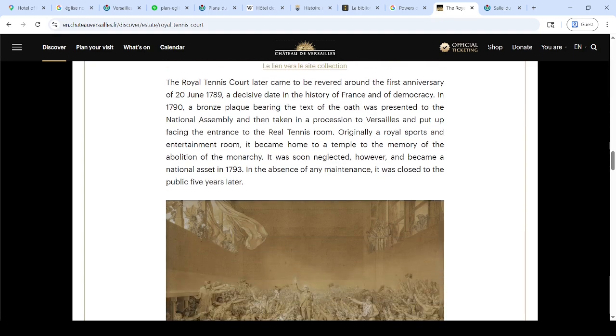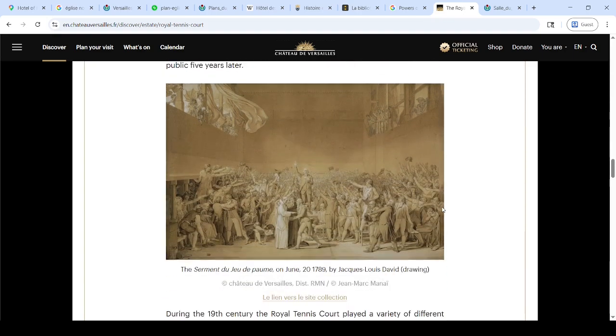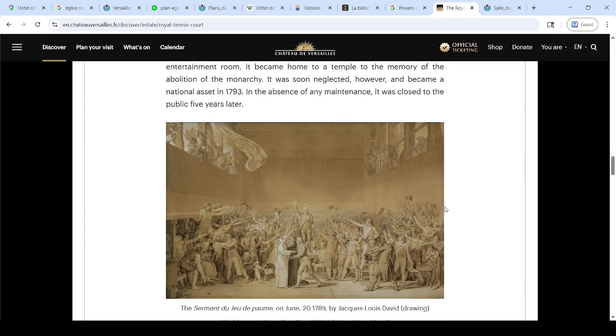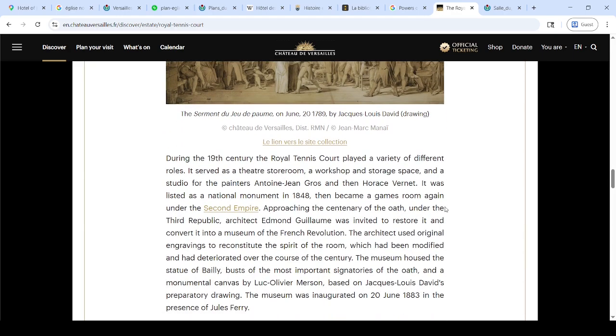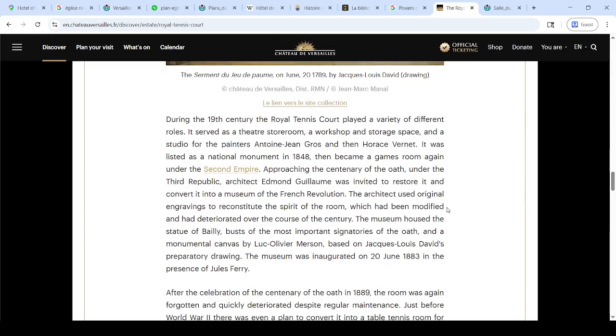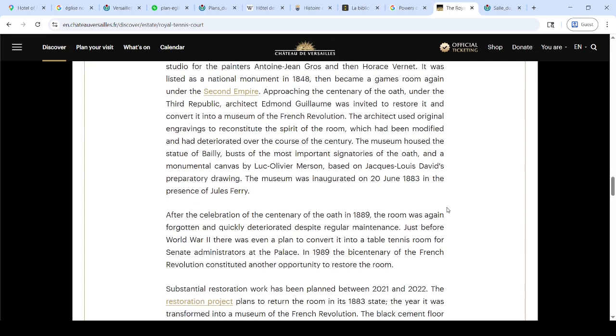And really, it's kind of a miracle that the building still exists. It's been a theater storeroom, a workshop, storage space, studio for painters. All right.